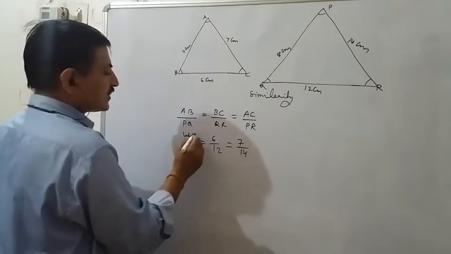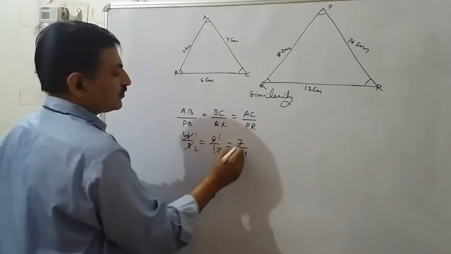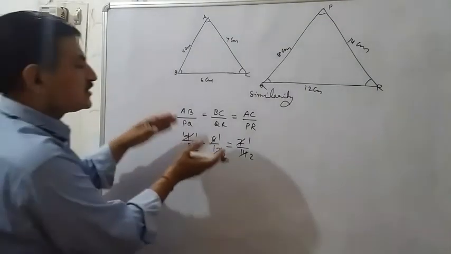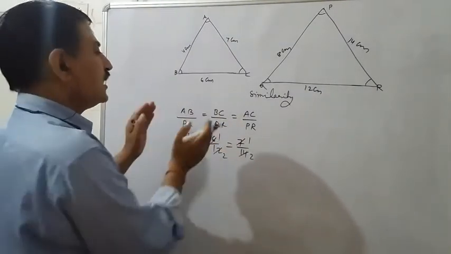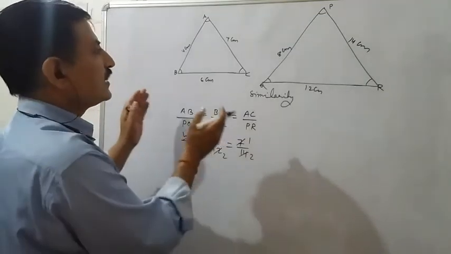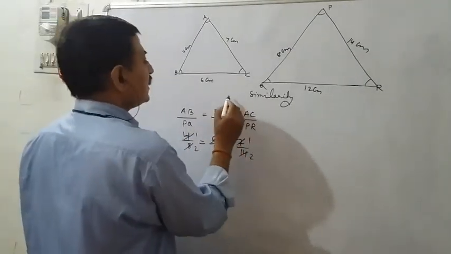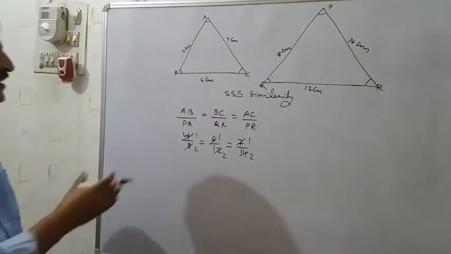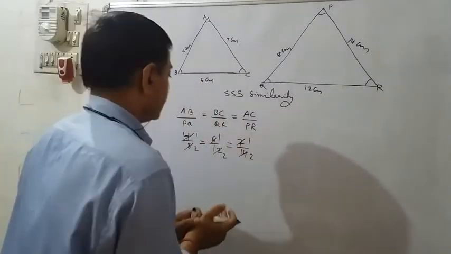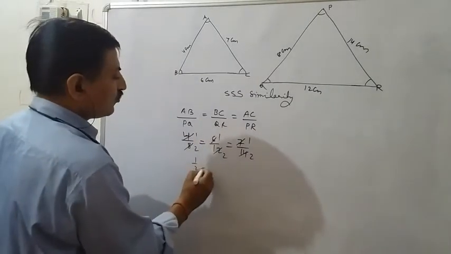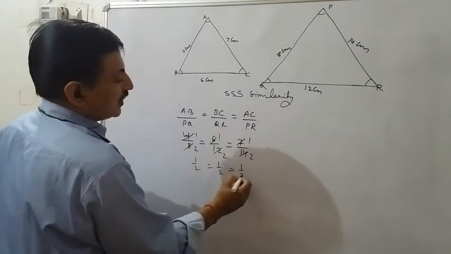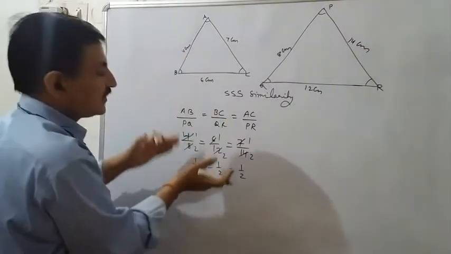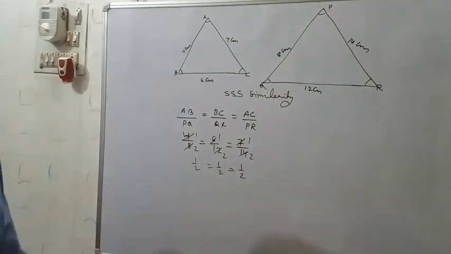Every time it comes 1 by 2, 1 by 2, 1 by 2. The ratios are equal, they are in proportion. So the triangles are similar, by SSS similarity, because the sides are in proportion. If this ratio is given anywhere in a triangle, even when the sides are different, as long as they are in proportion, the triangles will be similar.